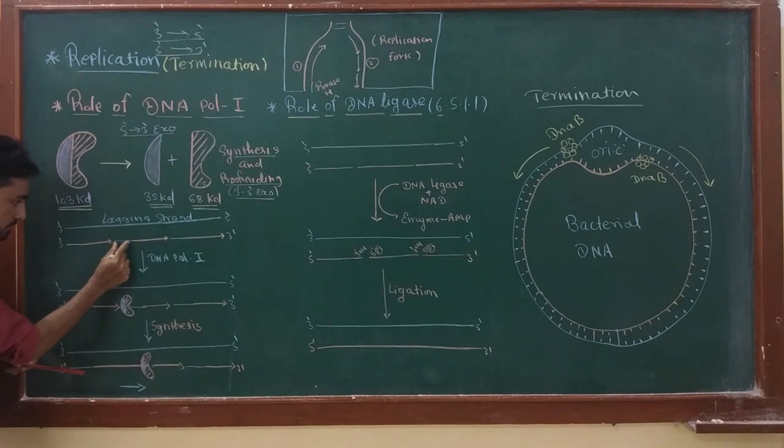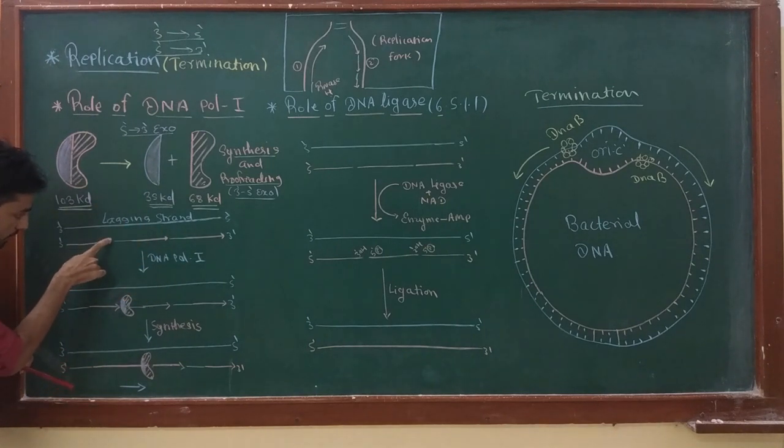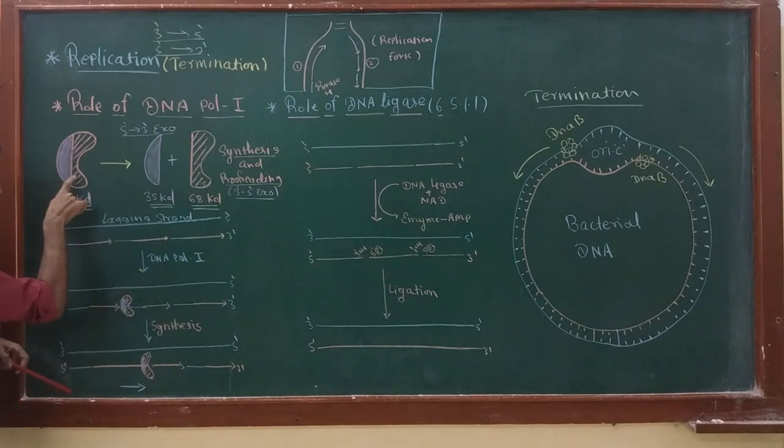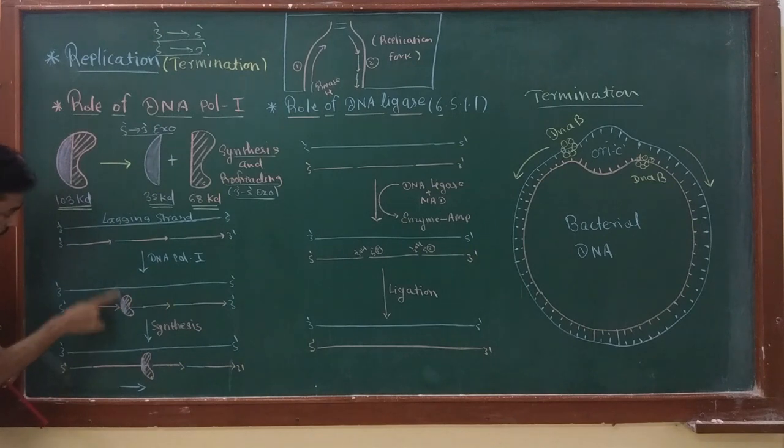So we have to remove this RNA primer, and for removing it, the DNA polymerase 1 enzyme comes into the picture and binds in the nick where the RNA primer starts. Here you can see DNA polymerase 1 is attached at the start of the primer.